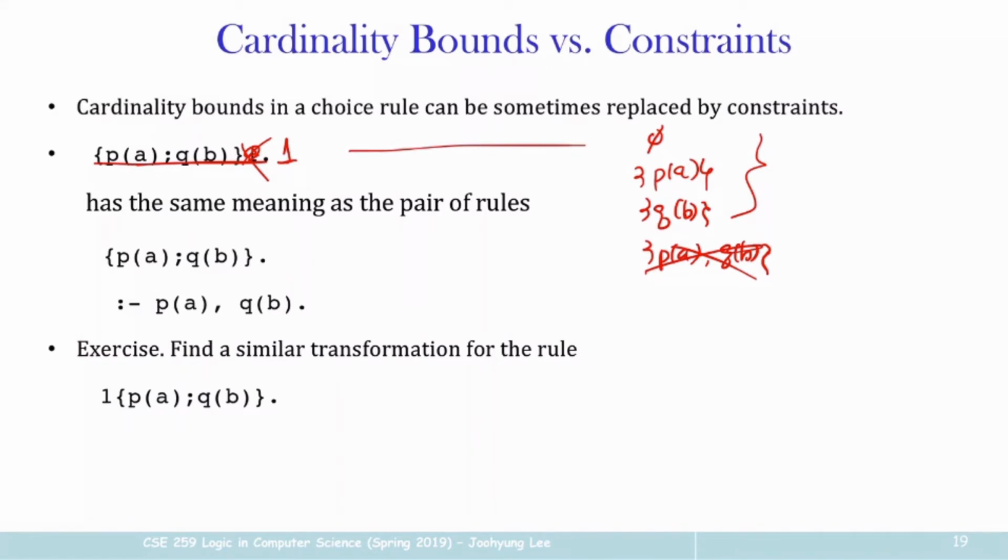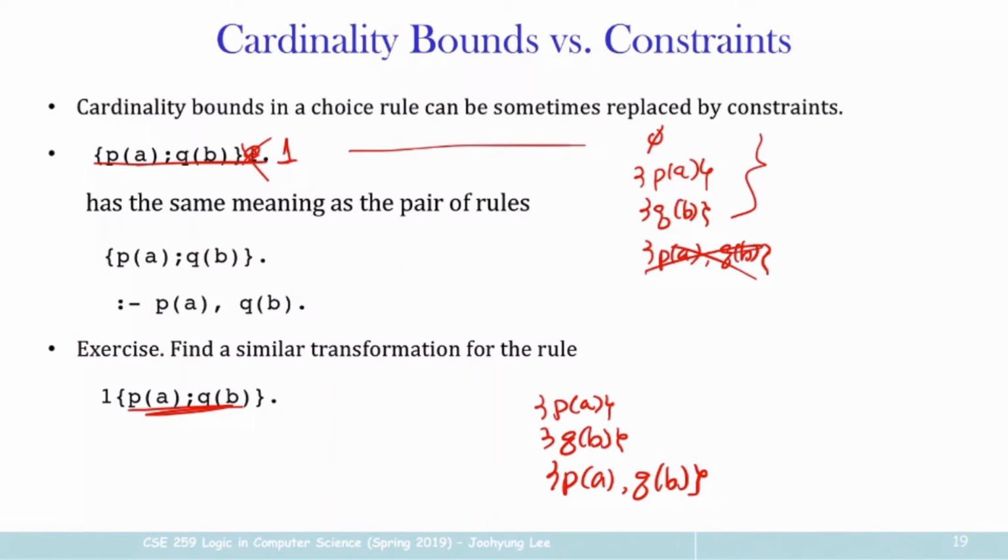So if you use this rule, what we expect to be the stable models are P of A, Q of B, and P of A and Q of B, because these are the subsets, but the lower bound cardinality is at least 1. This cardinality is 1, 1, this is 2, and 2 is still greater than 1. So these three satisfy the constraint. The empty set does not have this and does not have this, so it violates.